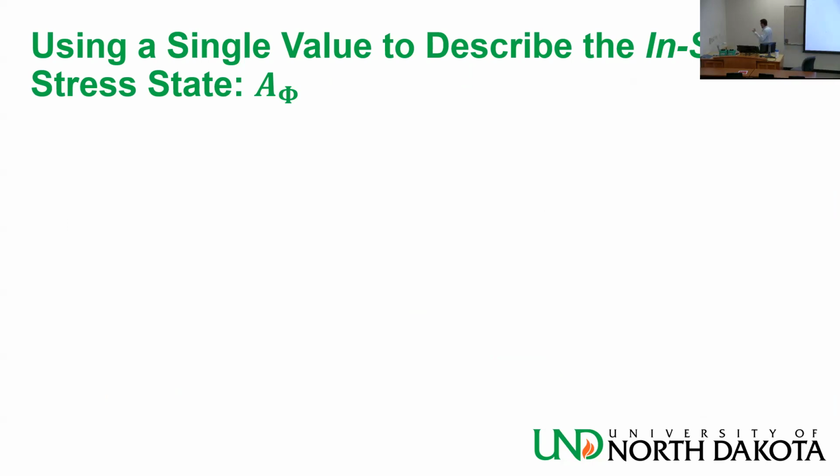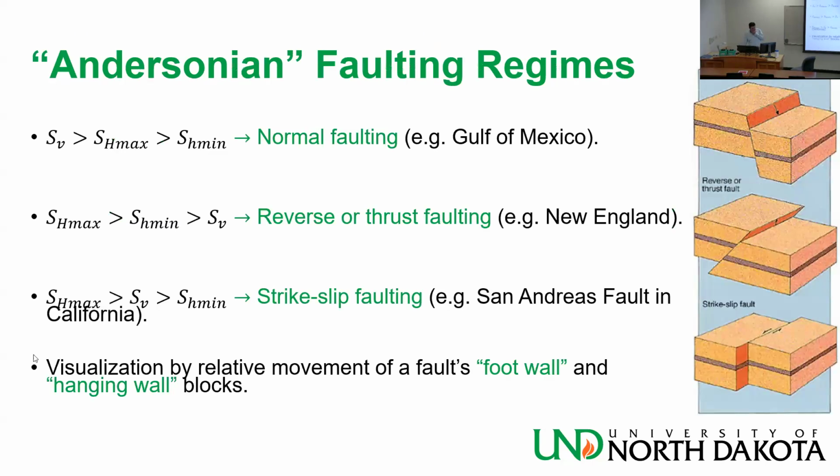Okay, we talked about three stresses, right? Three in situ principal stresses comprising the stress field: SV, SH max, SH min. By the way, good point, if we go back to the third lecture, we said that S1 is always more compressive than S2, which is more compressive than S3.